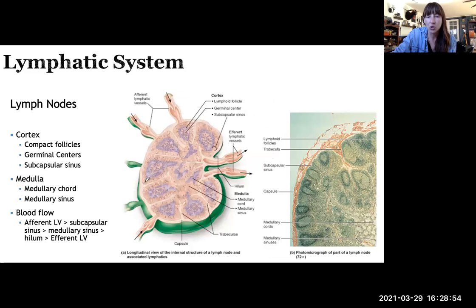Each lymph node is actually more of a little organ compared to a lot of the other stuff we've been talking about so far. It's got a little connective tissue capsule.